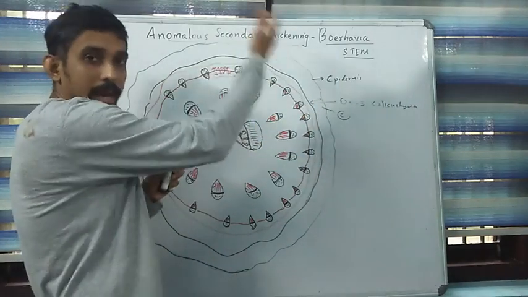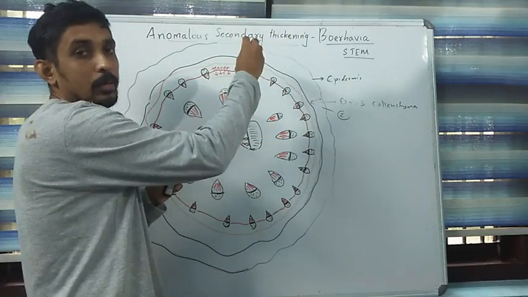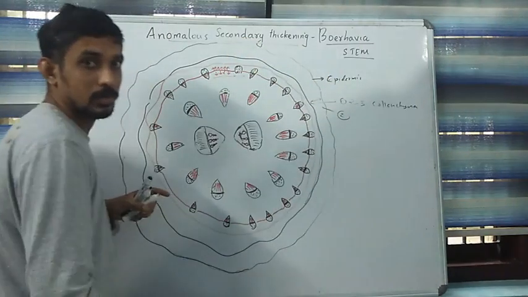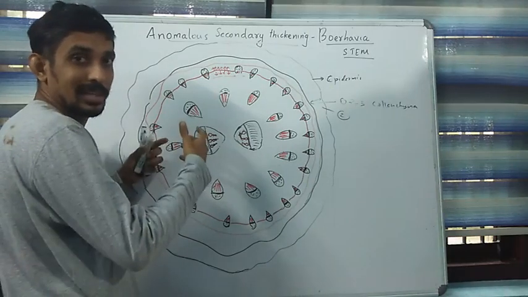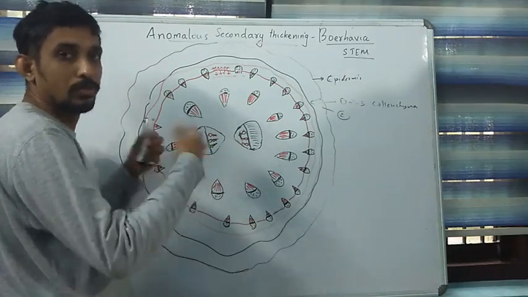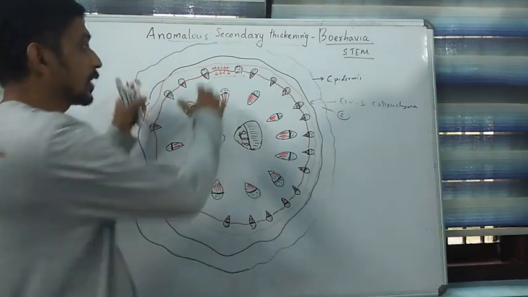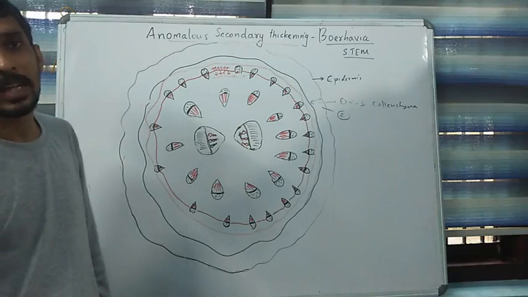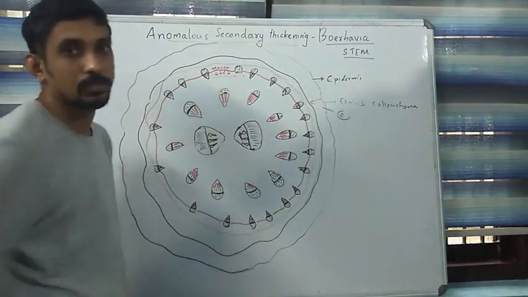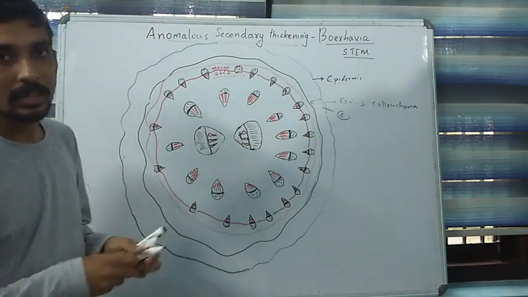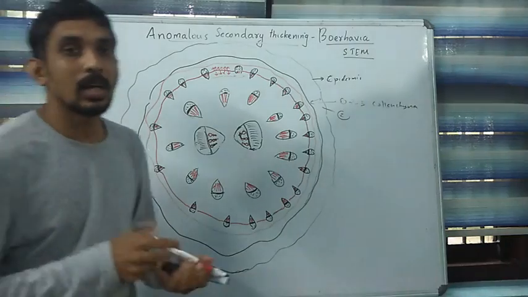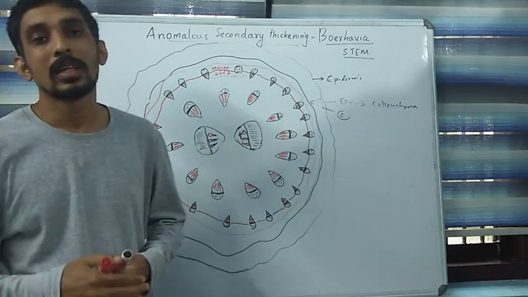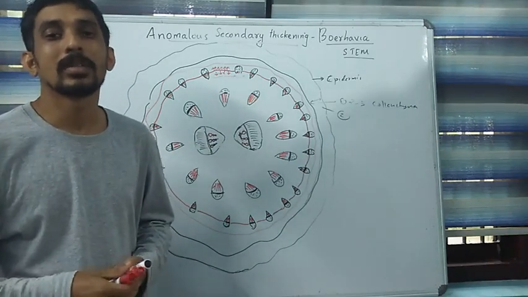Finally, again the newly produced phloem parenchyma tissue creates a new, third cambial ring. The process repeats up to 3, 4 or 5 times, so that we get 4 to 5 rings of secondary xylem and secondary phloem here. This is the secondary thickening which takes place inside the dicot stem, that is, the Boerhaavia stem. Due to this abnormal nature, this secondary thickening is called anomalous secondary thickening.